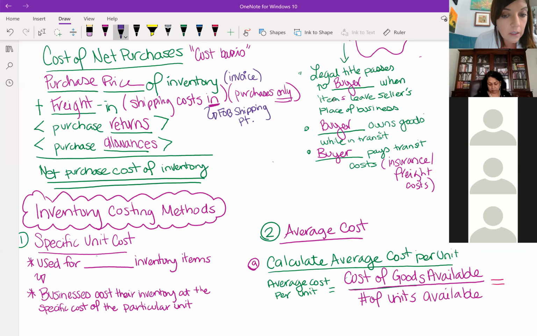For those purchase discounts, we would offset and reduce the net cost of our purchases. This cost basis is going to be different depending on the different methods that we're going to talk about next. So we're going to take a 10-minute break here.